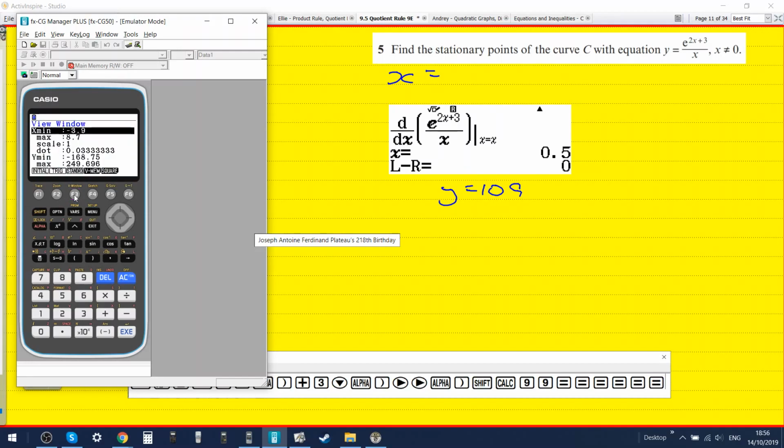How do you set the thing to auto? Shift zoom, auto. Okay, mine looks weird. And then shift, graphical solve, minimum.